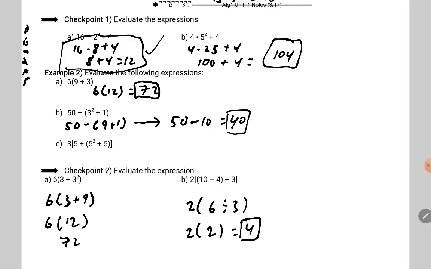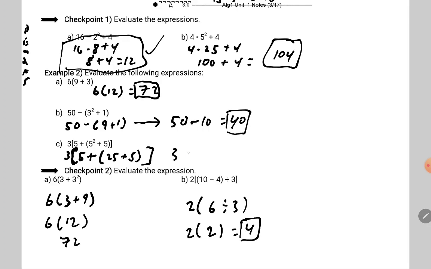I noticed I forgot part C over here. So the most inner parentheses, and then we do our exponents. So 3 times 5 plus, I'm going to make my bracket, 25 plus 5.